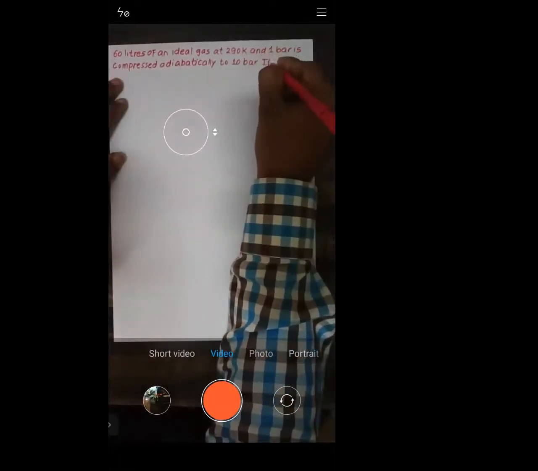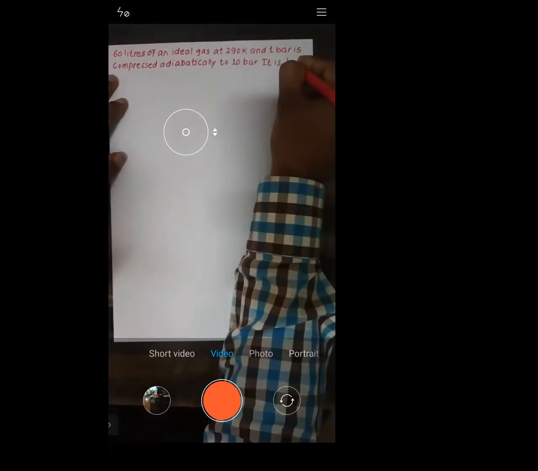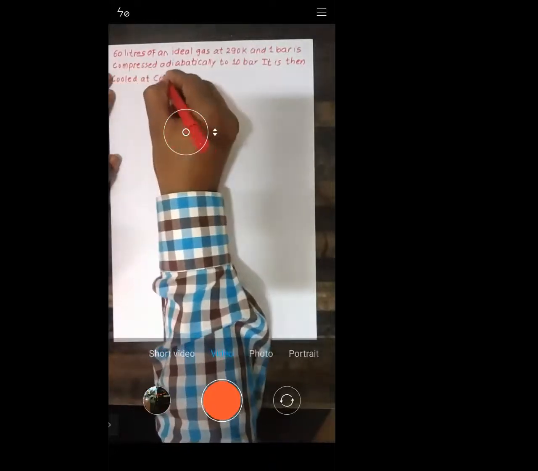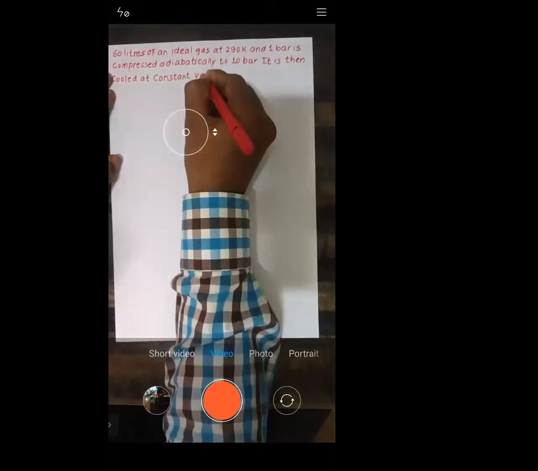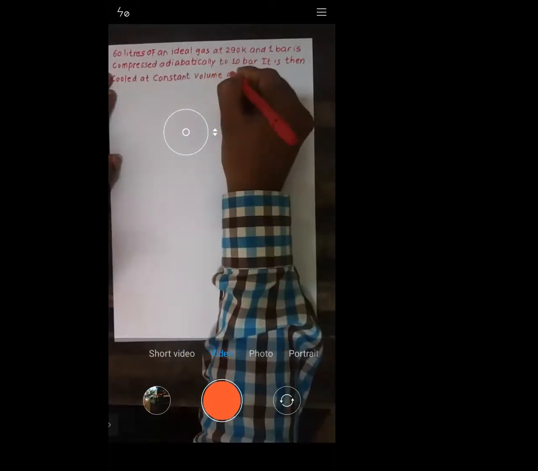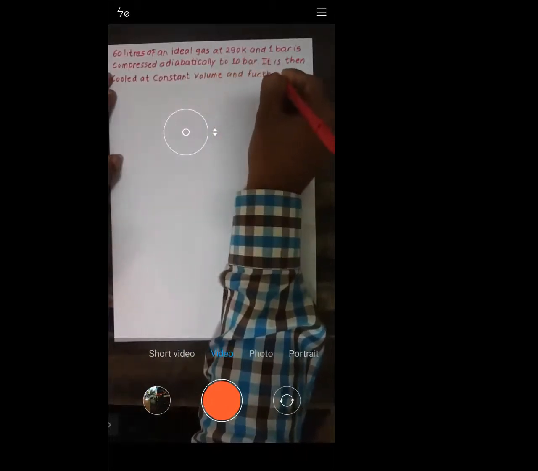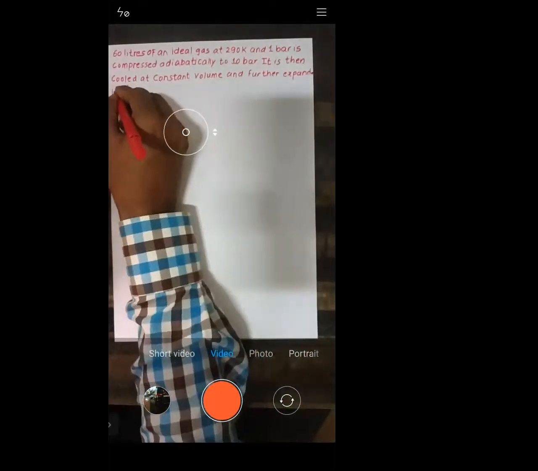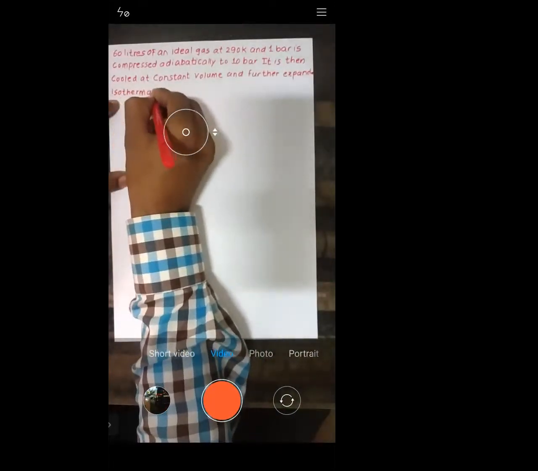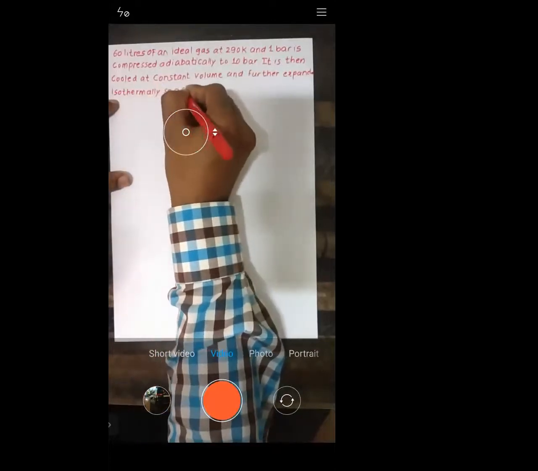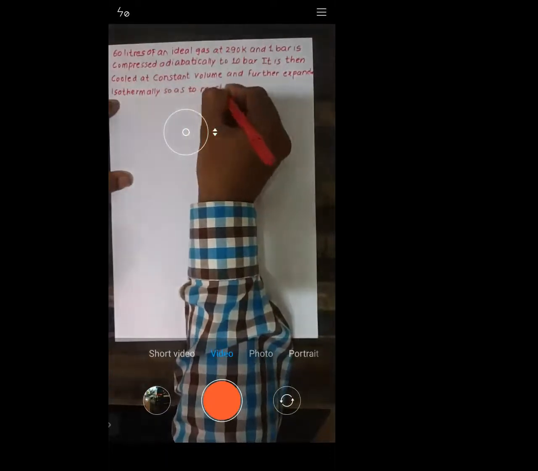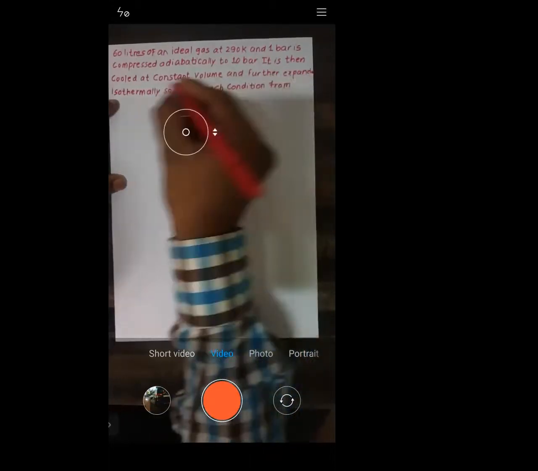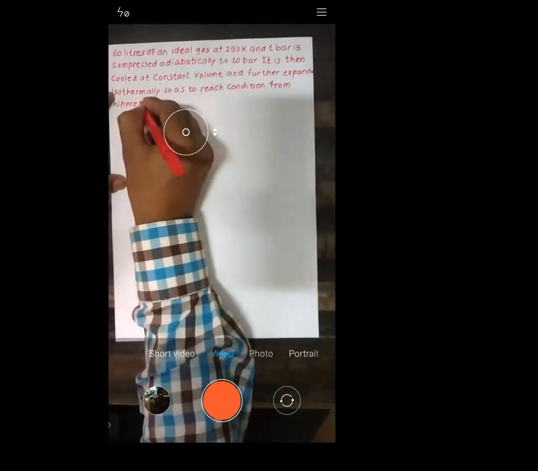It is then cooled at constant volume, and further expanded isothermally, so as to reach the condition from where it started.